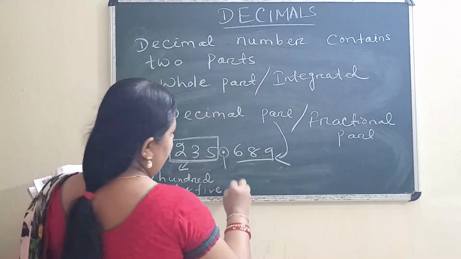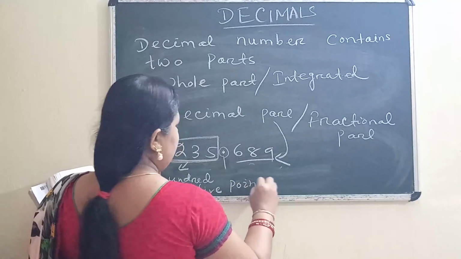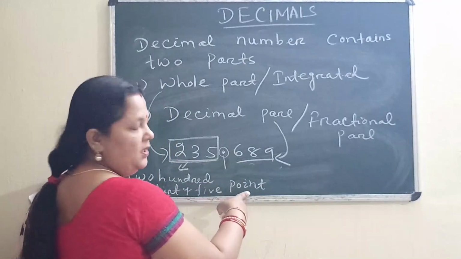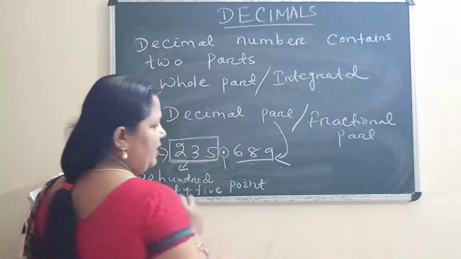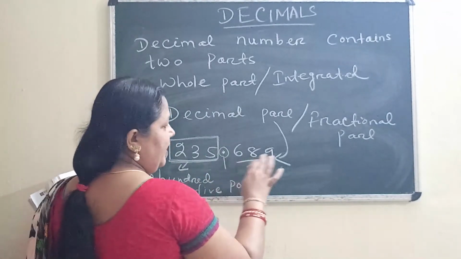Then the decimal point, you will also write: 235 point. What will I write, 689?